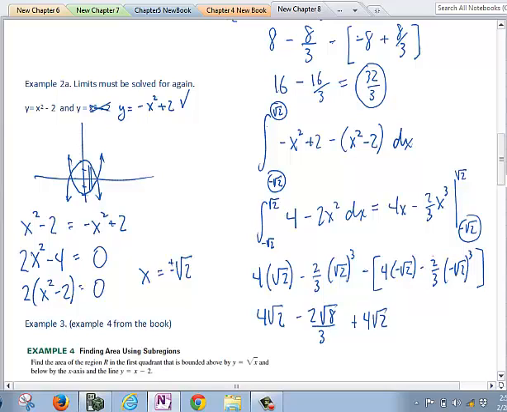And then the last part is going to become a negative, because I have negative cubed, which is negative. I have a negative quantity, so it's going to make it positive. And this subtraction here is going to make it negative again. So I'm going to have plus 2 root 8 over 3. So what's going to happen is this quantity and this quantity are going to cancel each other out, and we're going to be left with 8 root 2.